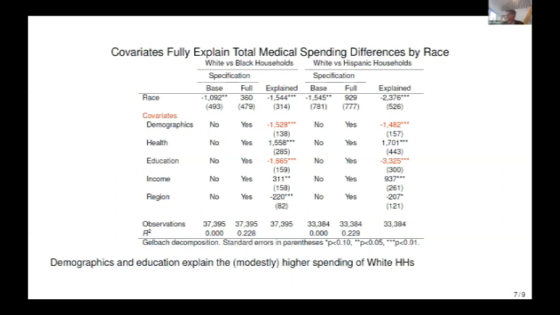If you're in worse health, you tend to consume more medical resources. So because racial minorities tend to be in worse health, we would have expected them to consume a little bit more in the way of medical resources. But again, that's fully offset by demographics and education.